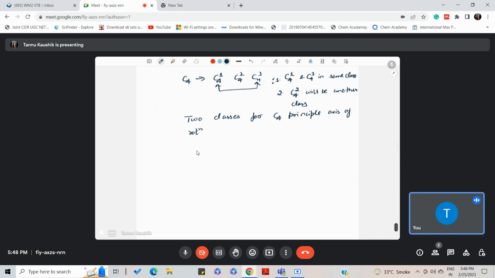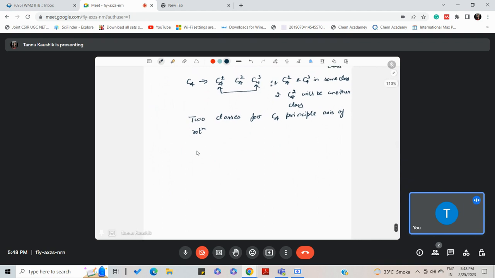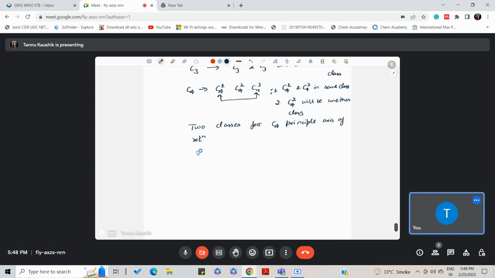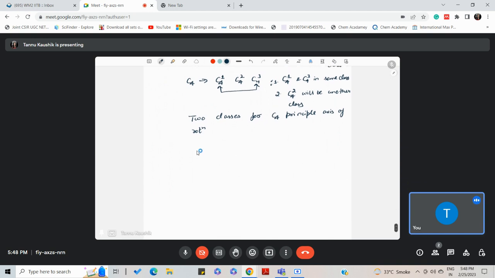So I would like to prove how C4^1 and C4^3 will be in the same class, but C4^2 will be in a different class. Let us see how this property helps us in classifying these symmetry operations.